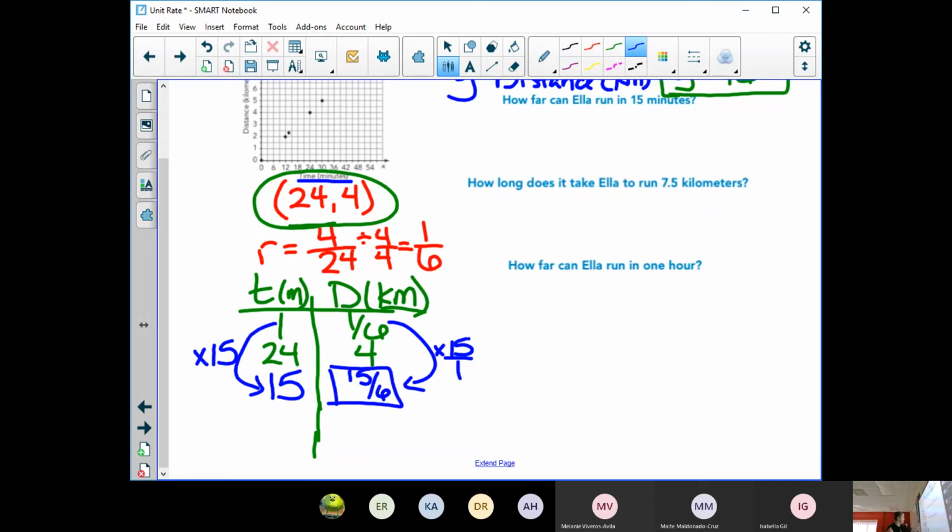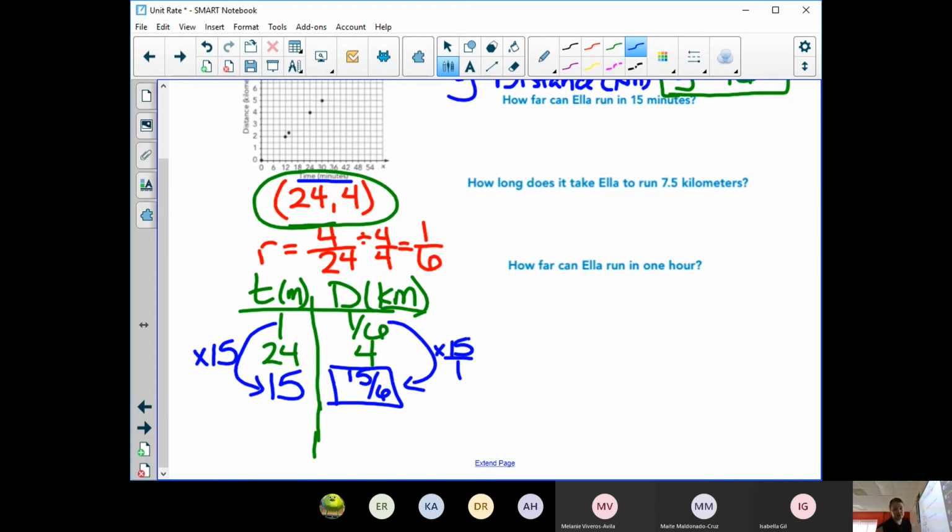So if I multiply by 15 on the left side of my table, I have to multiply by 15 on the other side. That's how I know what math operation I need to do. So I look at my unit rate and figure out how do I go from this number to this number. We wouldn't divide by 15 to get 15, we would multiply. Does that make sense? Okay. So that's one way to solve it.